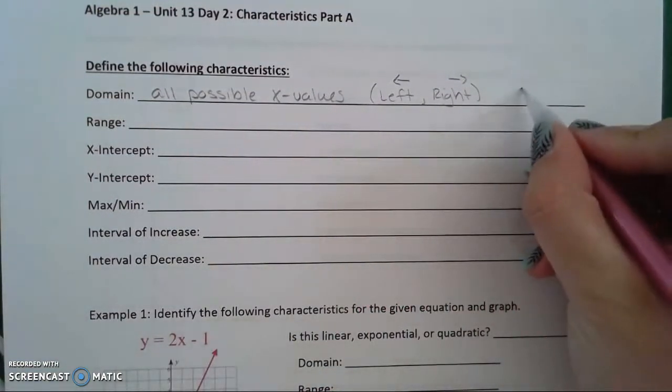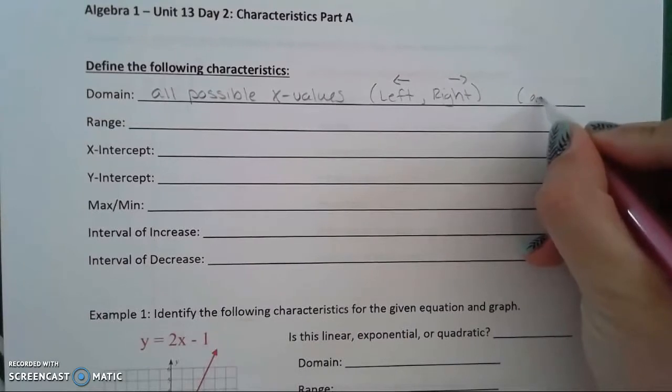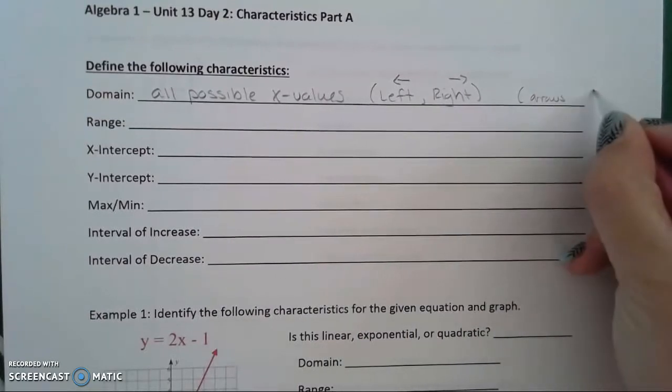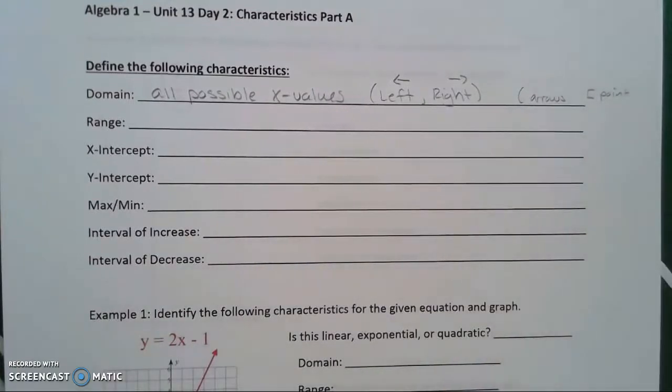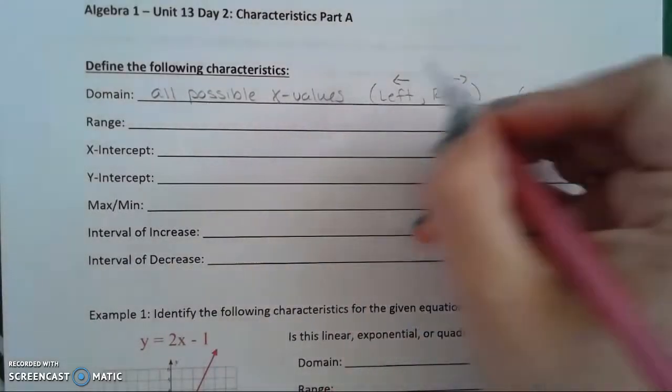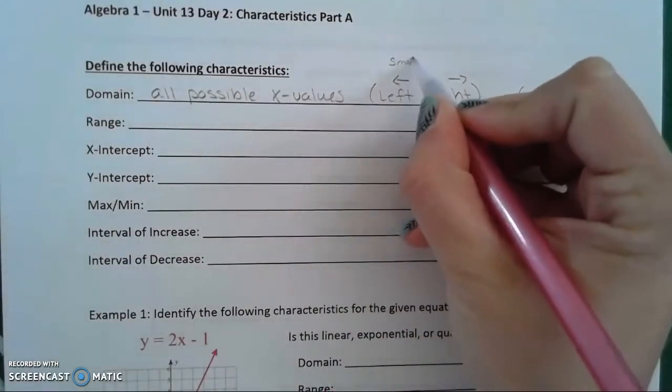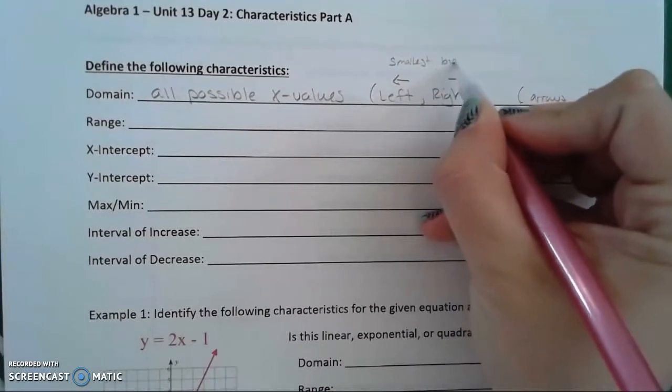It's going to be parentheses when we have arrows, and it's going to be a bracket when we have an endpoint. And it's always written from smallest to biggest. So that's the left to the right. Small, then big. Smallest, then biggest.